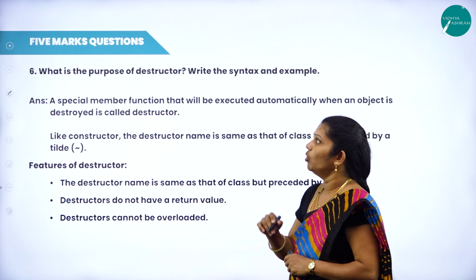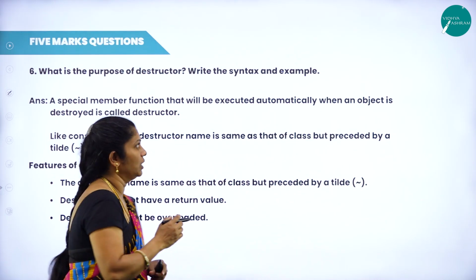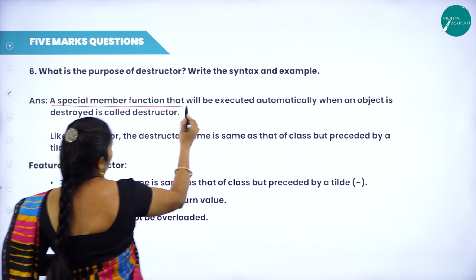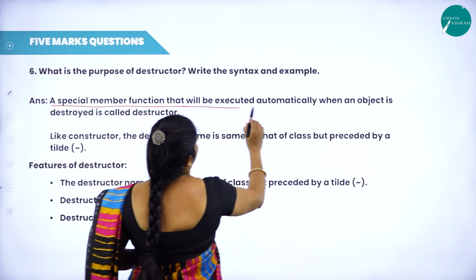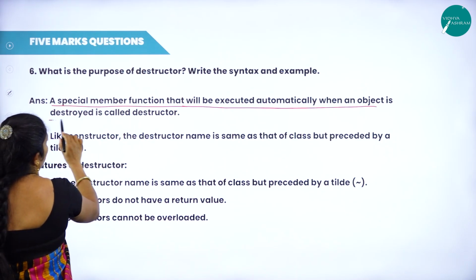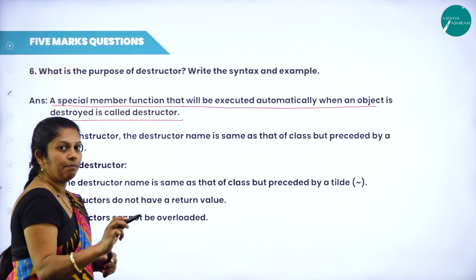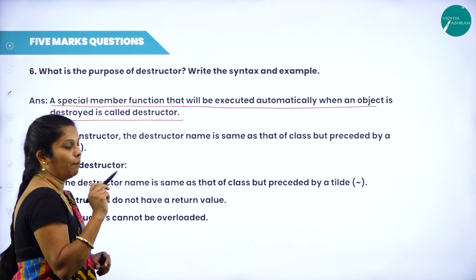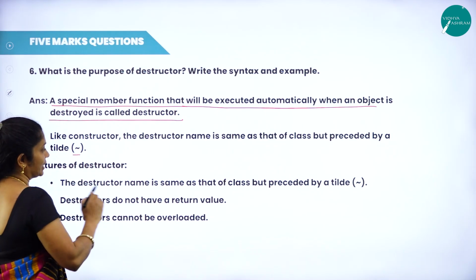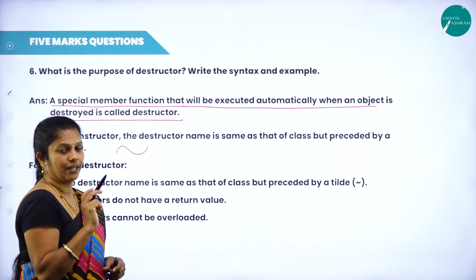A destructor is also a special member function. A special member function that will be executed automatically when an object is destroyed is called a destructor. Here we compulsorily use the tilde operator, written like this, and it is called the tilde operator.